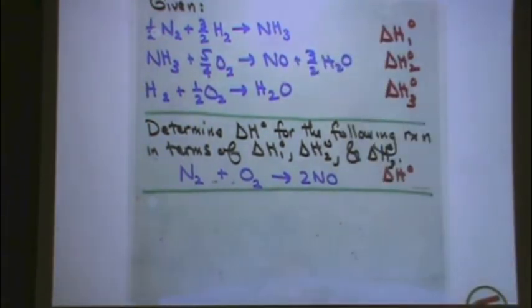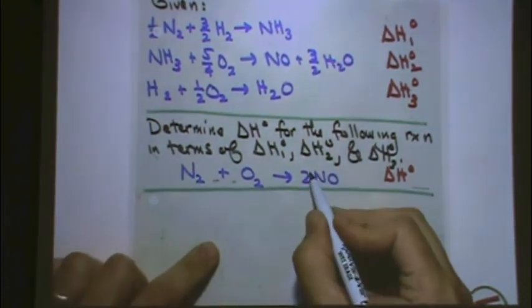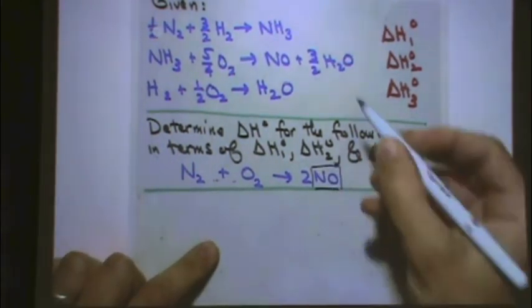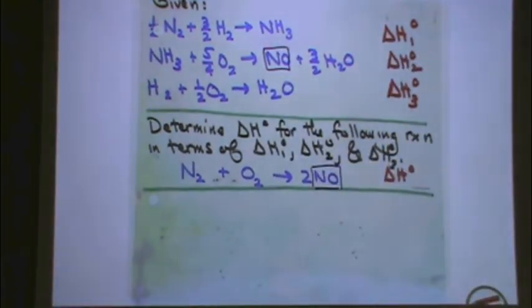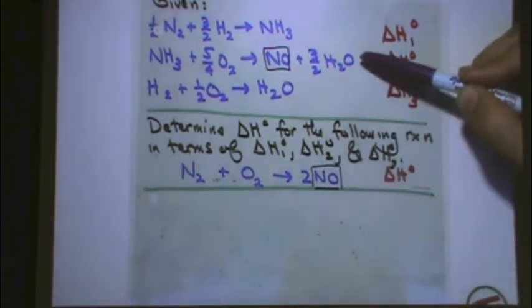That's a great place to start. And if you have a bunch of colored pens, this is a great place to use them. I'll put a purple box around the NOs. Okay? Now, remember the bottom one, the overall, is what I want. That is the correct answer. So I must manipulate the top reactions. And so I have 2 of these here. Let's match it with this one.